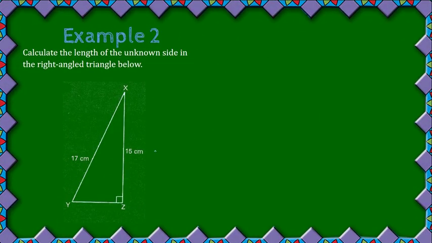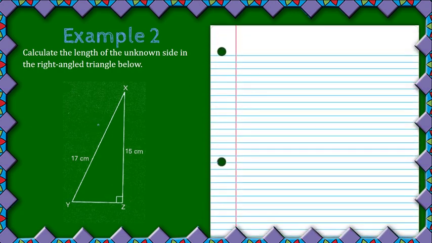Now for example 2, we need to find the short side. So if we write down the formula, we know that the long side, XY squared, is equal to the two short sides added squared. So that's YZ squared plus XZ squared. And our reason is Pythagoras.